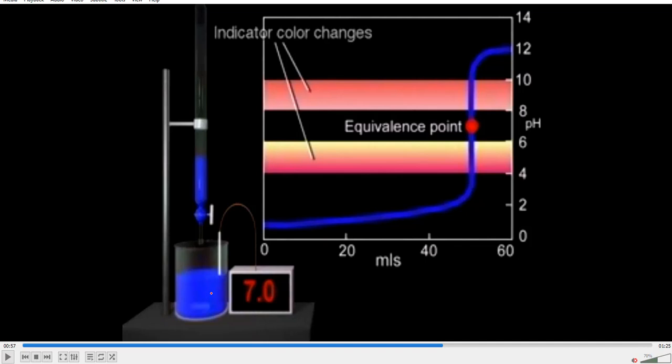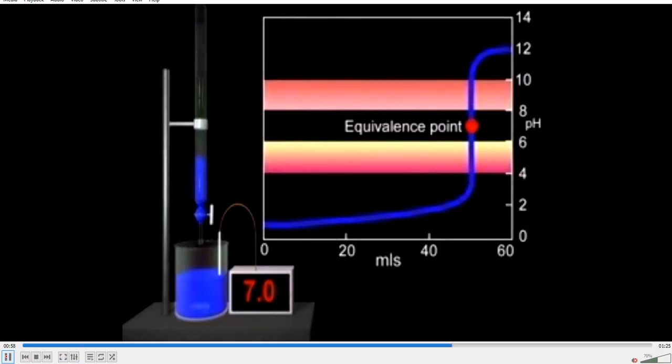If it's basic, it's going to be pink. We are purposely going to go 1 or 2 drops past the equivalence point, and that's how we know we've reached the end point. The end point is when the indicator changes color. And we're going to assume the end point equals the equivalence point.